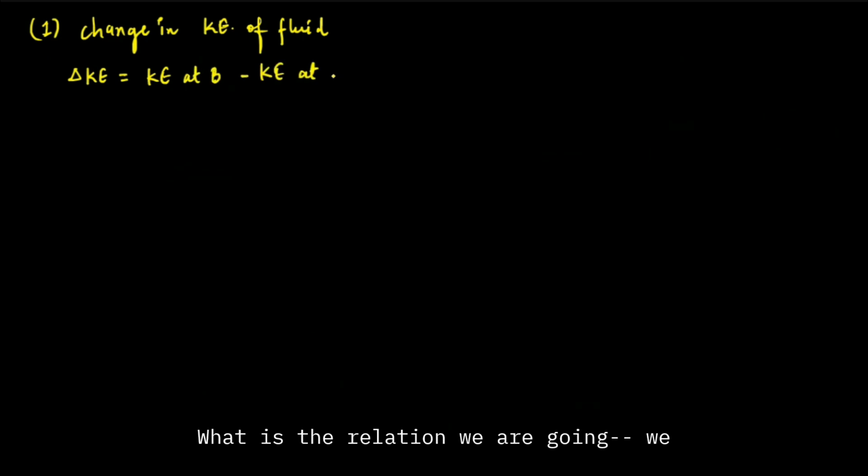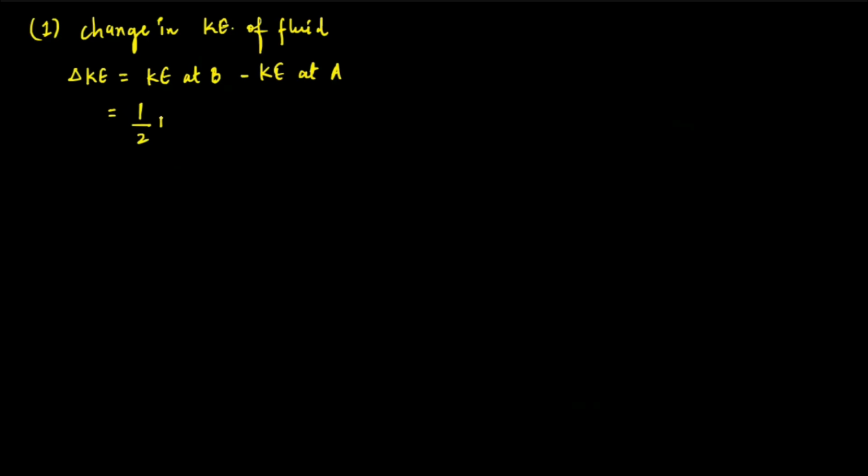What is the relation we use for kinetic energy? Yeah, the formula, half m v square. So we can write here it is going to be half m v2 square minus half m v1 square.